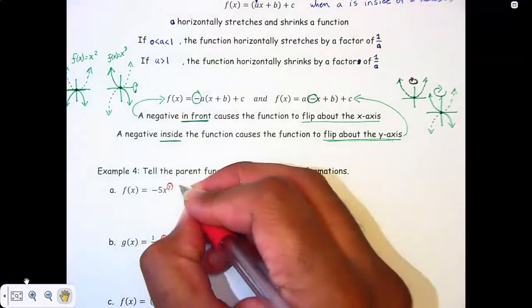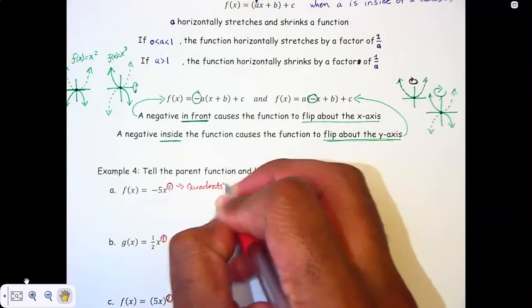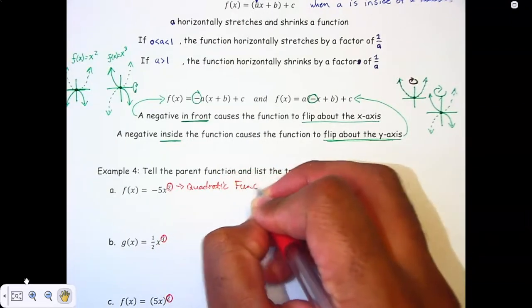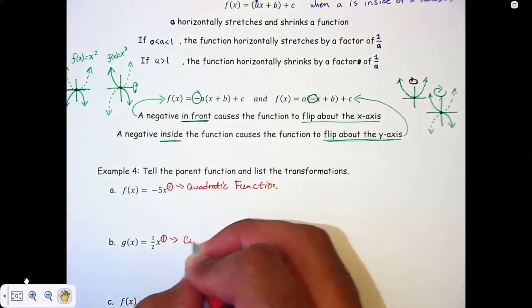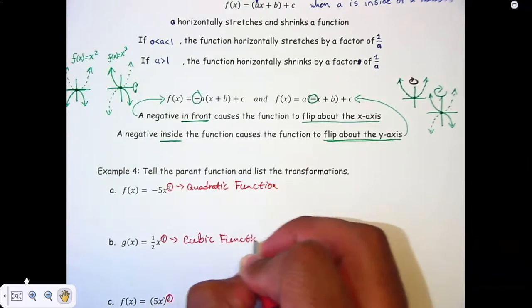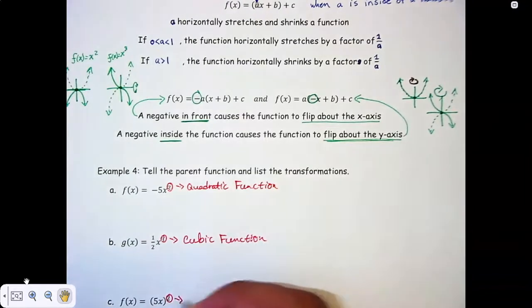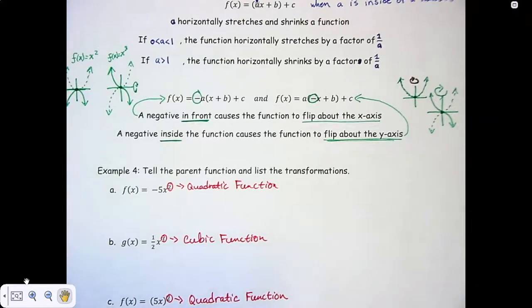So we know this is quadratic. We know this is cubic because it's a 3. We know this is quadratic. And there's actually a D also, and we'll do that next on the next page.